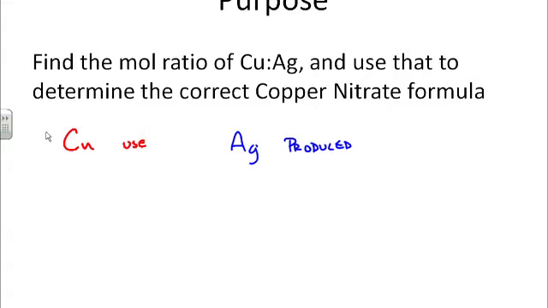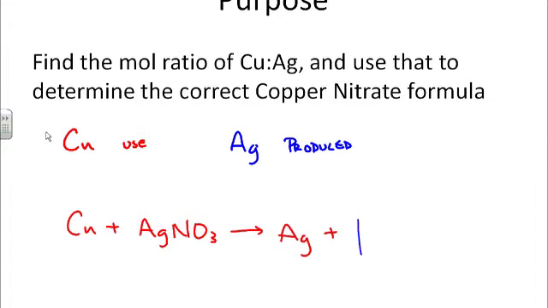So once you find these, you can put those into our balanced equation, copper plus silver nitrate is going to form silver and whatever your compound is. So if you figure out what the three different balanced equations that it could be are, figure out what numbers X and Y go into your ratio, then you're going to be able to solve for our copper silver nitrate lab.